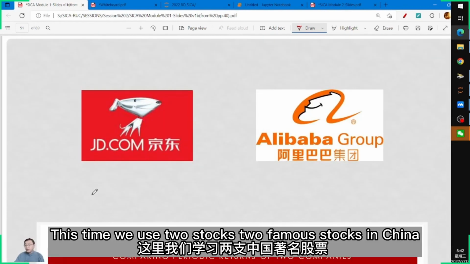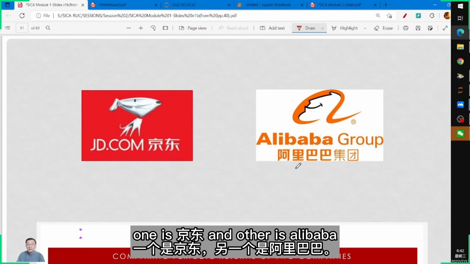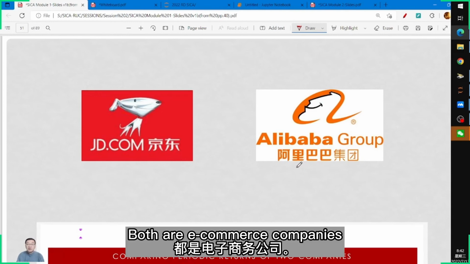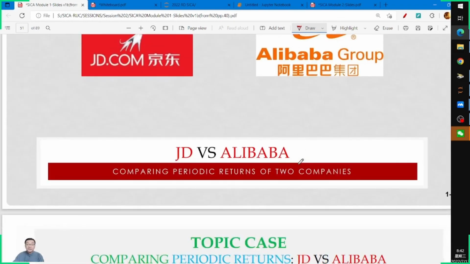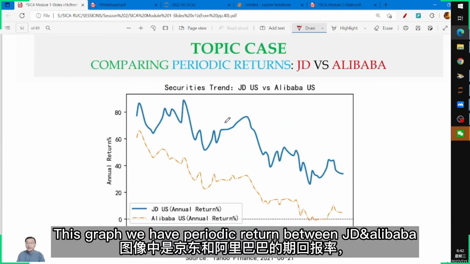This time we use two famous Chinese stocks, although they are listed in the United States of America. One is Jingdong, another is Alibaba. Both are e-commerce companies. In this graph, we have the periodic return of Jingdong and Alibaba.